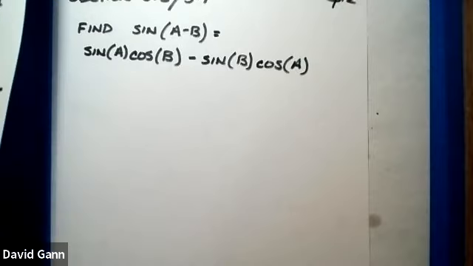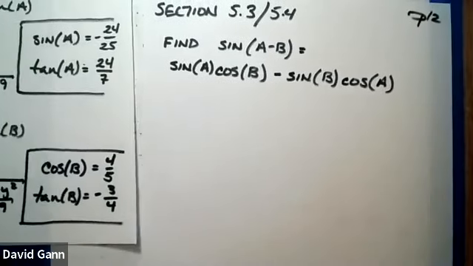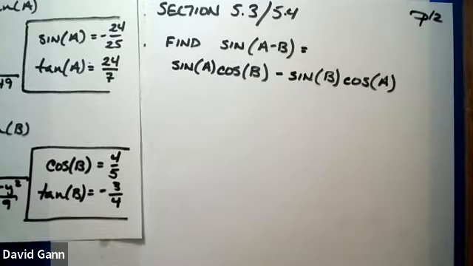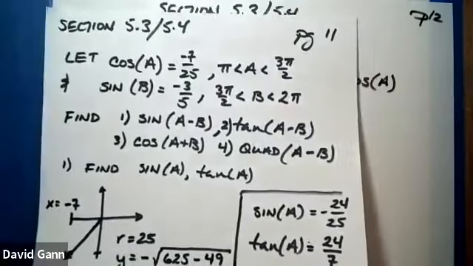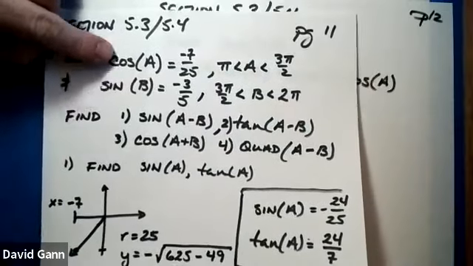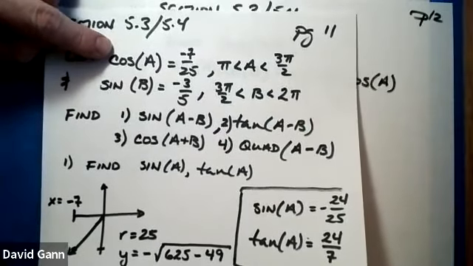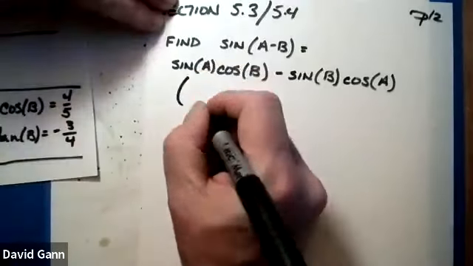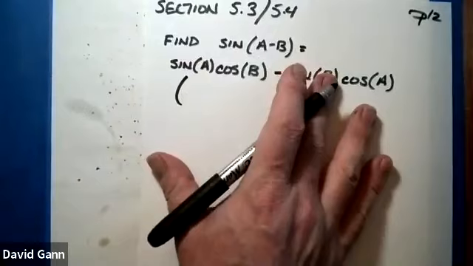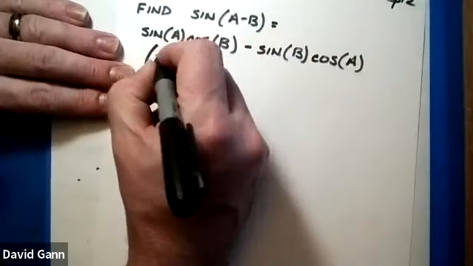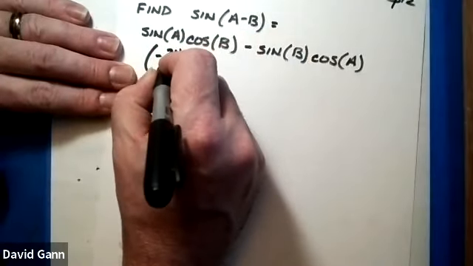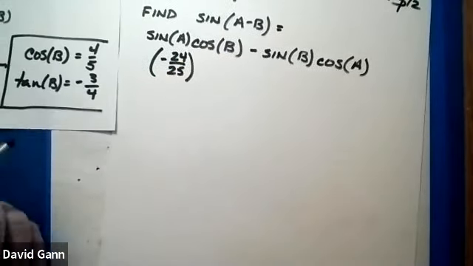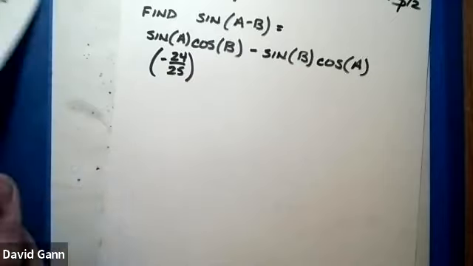Now, I'm going to push this right to the side here because there's some of those values. And in the problem statement, we were also given cosine of A and sine of B. Okay, so sine of A is equal to -24/25, right? Cosine of B was 4/5.